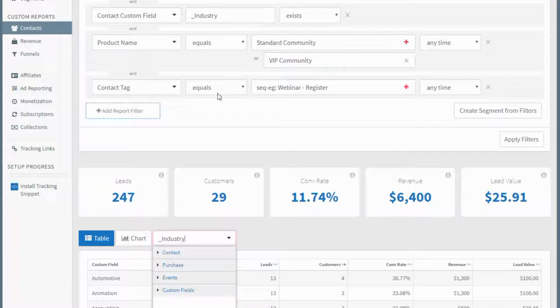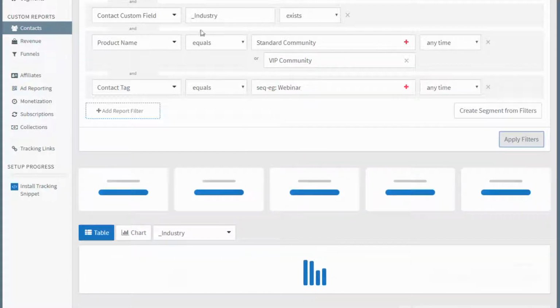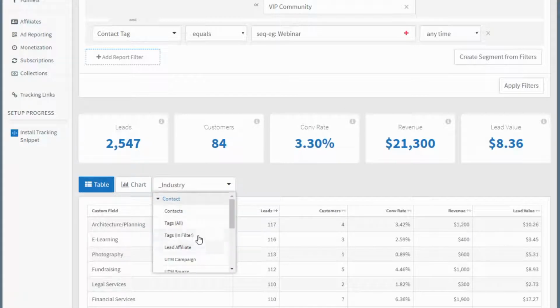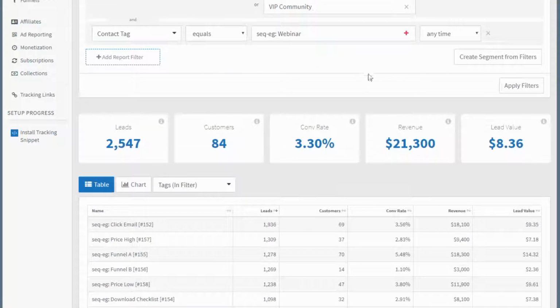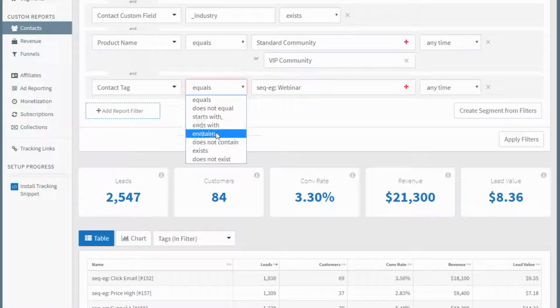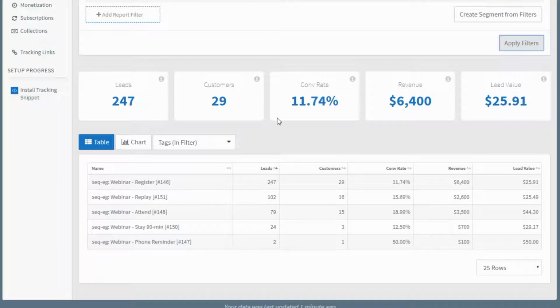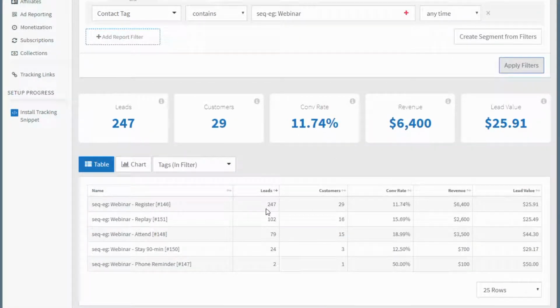So we can actually break this down a little bit more, and this is, I think, where personally it gets really fun. We can say, okay, we're looking at people in this industry. Now what are they doing in our funnel? So now we can say, these people in the industry who are buying our subscription products, how are they acting in our funnel?